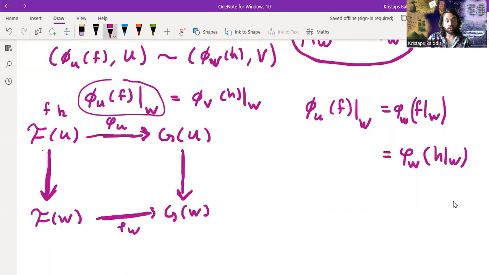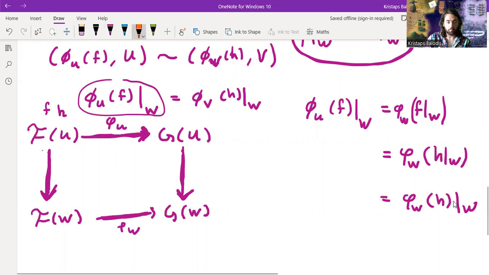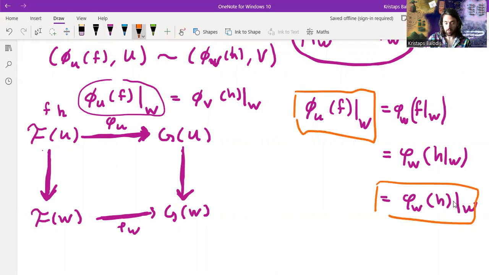But now the fact that I have a sheaf morphism, if you remember from the previous video, says I can go the opposite way around, and I get the exact same thing. So I can swap these back, and I know that this is the same as phi W of H restricted to W. But that's exactly what I wanted to show.